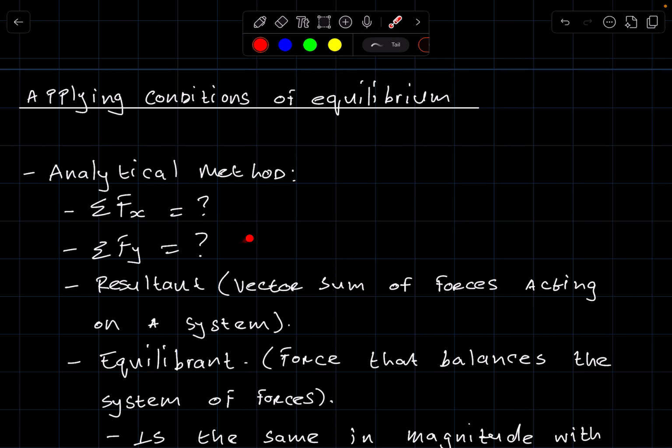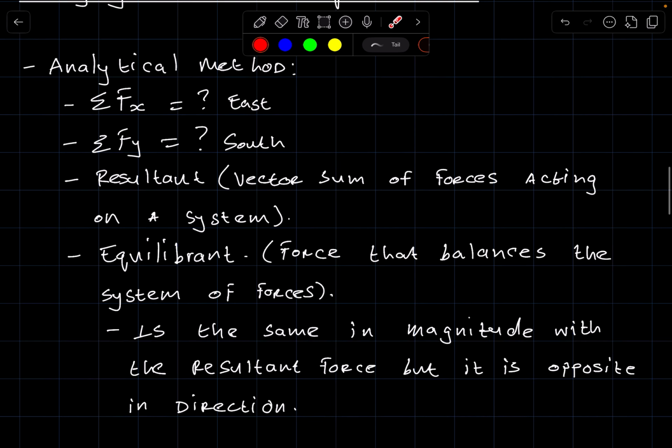Right, and it is very important that you indicate the direction. So for instance, if the x component is positive, it means it is headed east, and if the y component is negative, that means it is headed south. It is important to indicate these directions. Why?